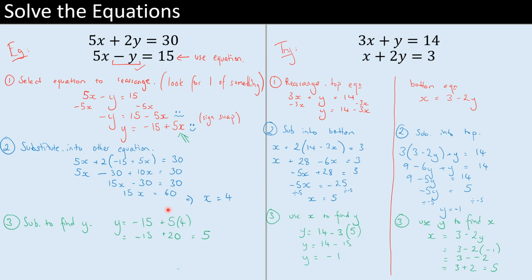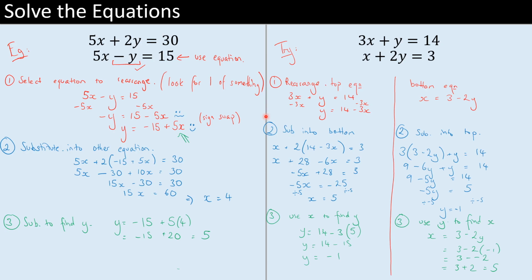This was the process that we went through, and we saw that sometimes we could have more than one substitution that we could make, and we would still arrive at the same answers. We also saw that sometimes the substitutions wouldn't be nice, and that we would think about perhaps using our other method for solving simultaneous equations, called solving by elimination, which is in a separate video altogether.